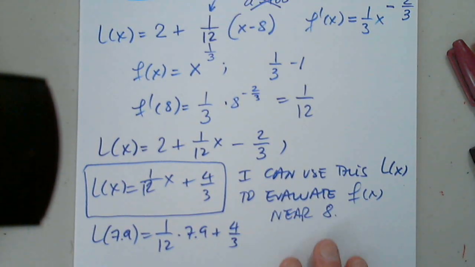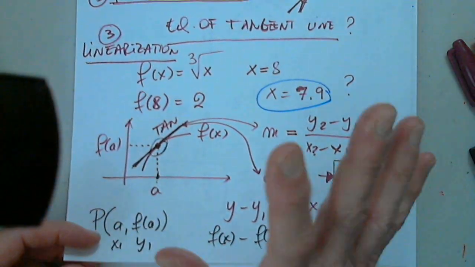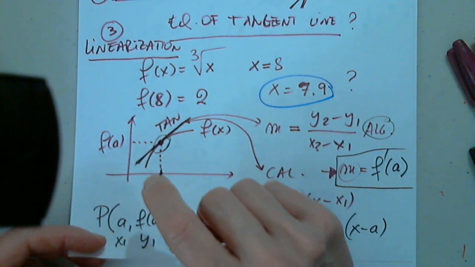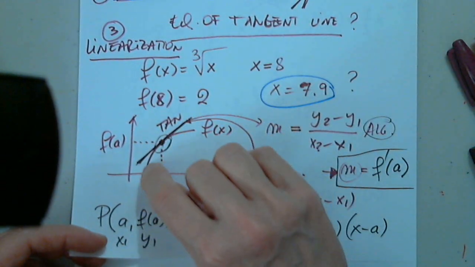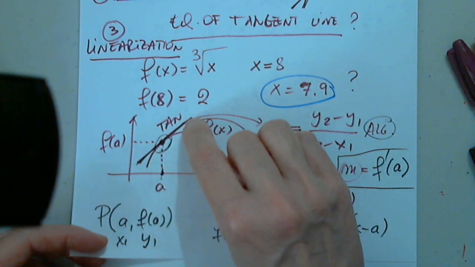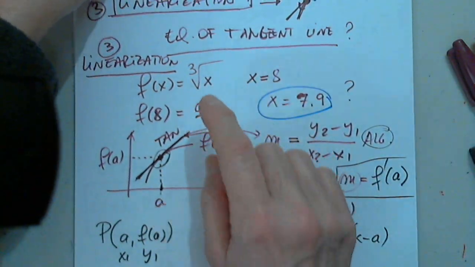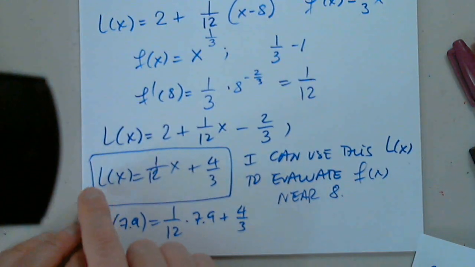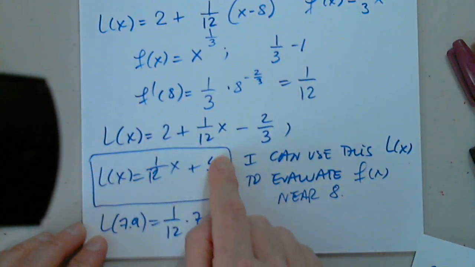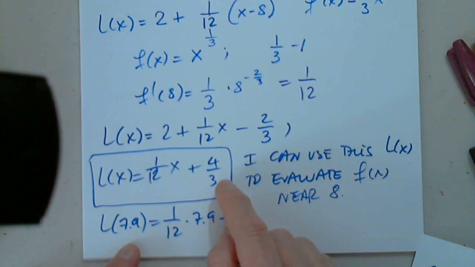So this is the power of calculus. So all I would like you to remember, this was an example. We're going to have simpler examples, but all I would like you to remember is that calculus allows us to approximate a function using the equation of the tangent very close to that particular point. So if we use the actual function, or if we use the equation of the tangent at that point, the error is minimal.